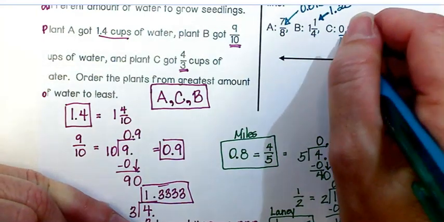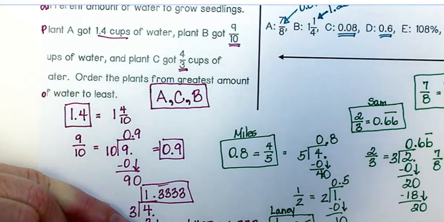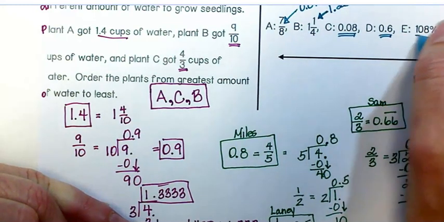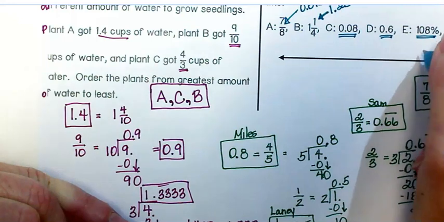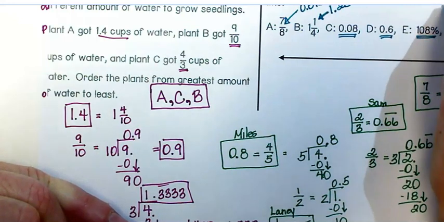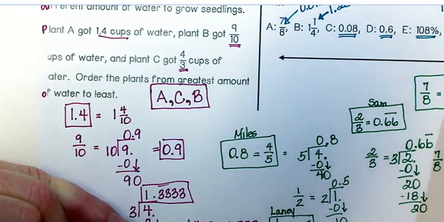Okay, this one's already in decimal form. This one's already in decimal form. To take a percent and move it to decimal form, let me see, 108%. You want to change that to decimal. You knock off the percent. The decimal's currently right here, and you move the decimal twice.